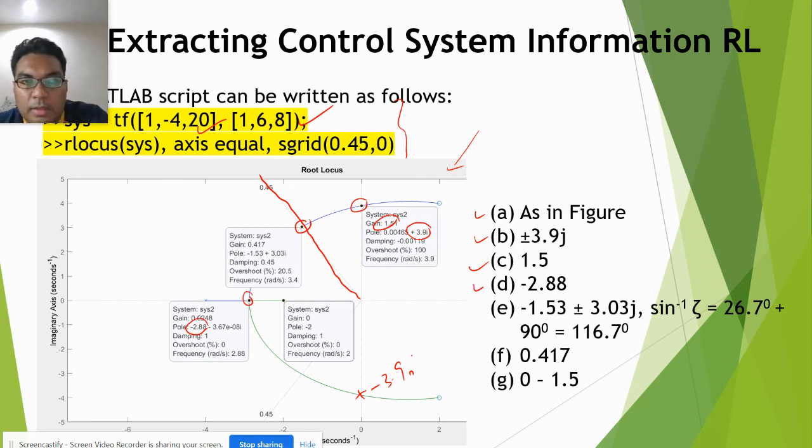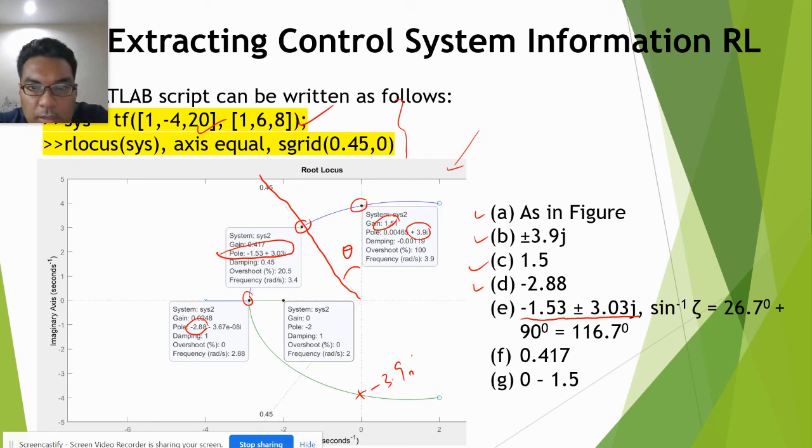The next one is to find the points and angles where the damping ratio is equal to 0.45. The first one is to find the position, which you get from this value, minus 1.53 plus or minus 3.03j.